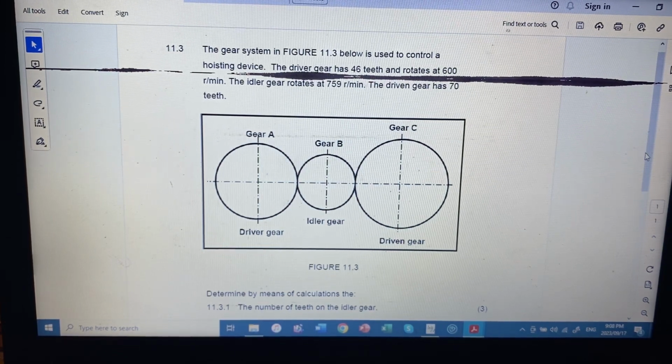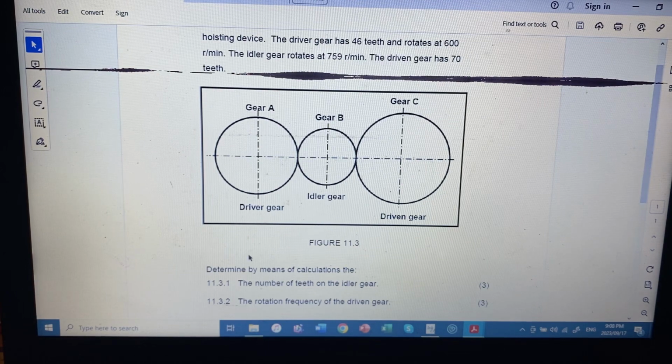So the question says, determine by means of calculations, first of all, the number of teeth on the idler gear. So we're going to calculate the teeth over here, and then the rotational frequency of the driven gear over there. So how fast this gear rotates. Okay.